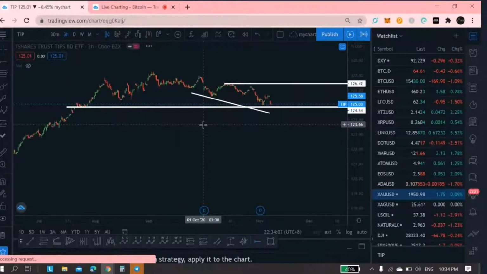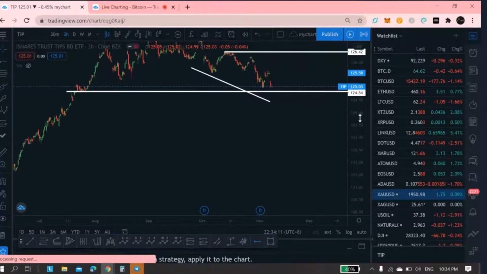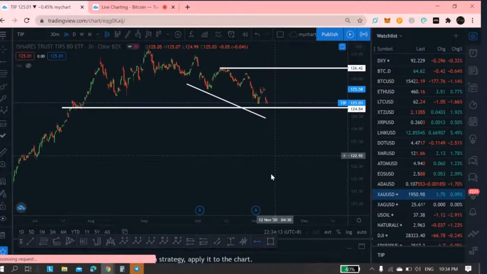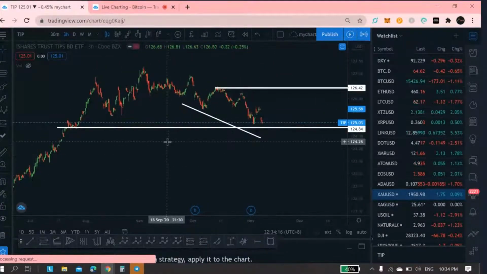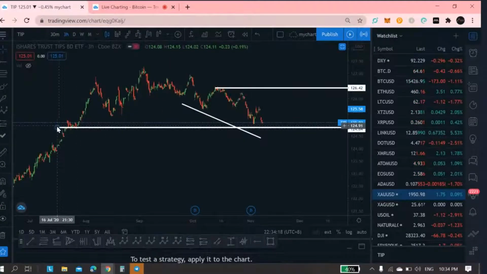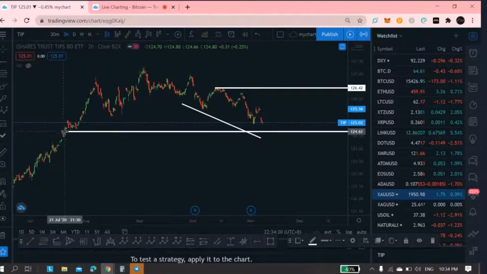So let's look at a better scenario, because I'm looking at a strong support base.